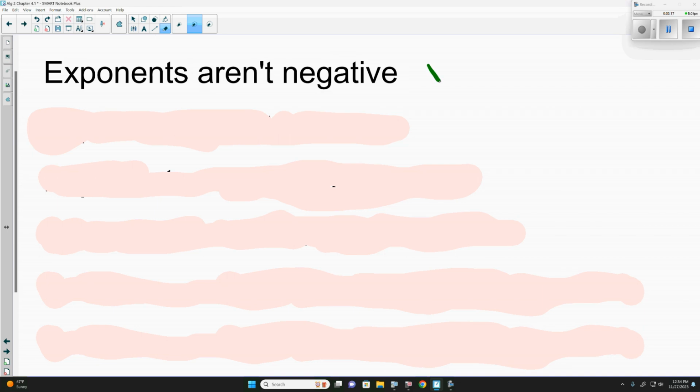If the variable has a negative exponent, it would not be considered a polynomial function. So x to the negative 1 is an example of this here. So x to the negative 1 would not be a polynomial function.